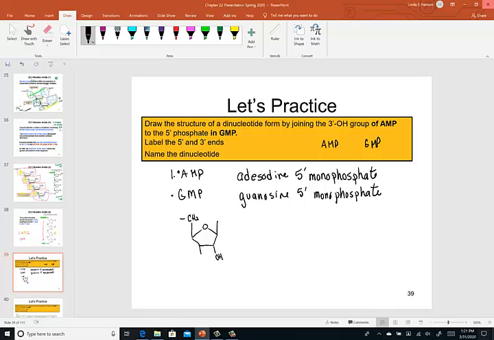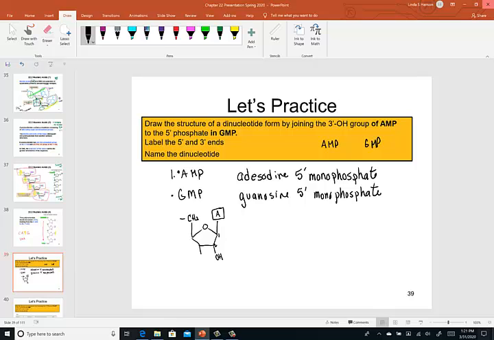For now, I'm just going to abbreviate and just kind of get my bearings straight here. I'm going to abbreviate the letter A to represent the adenosine base. And I know it's going to be attached to the anomeric carbon at carbon 1. But for now, I'm just going to put a letter A and come back and fill it in. I just want to get my sketch going.